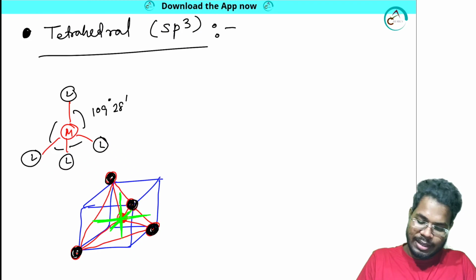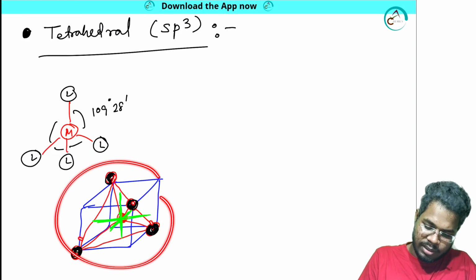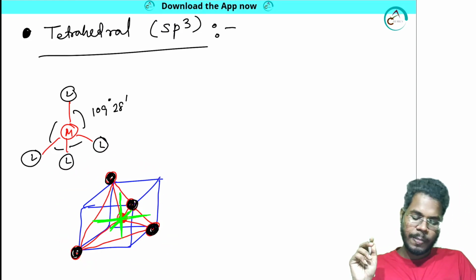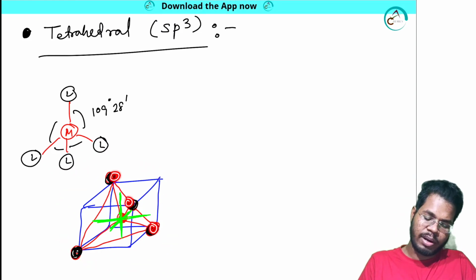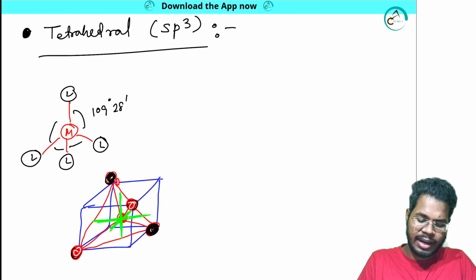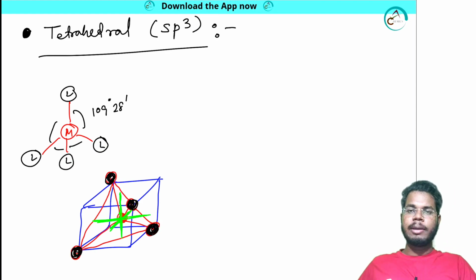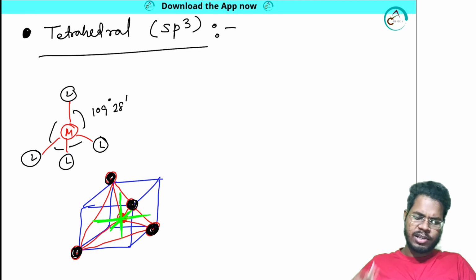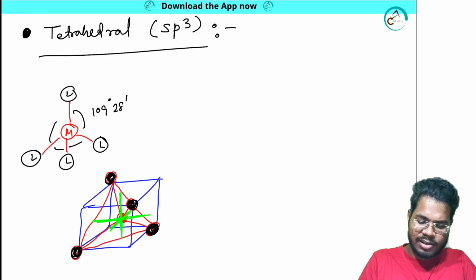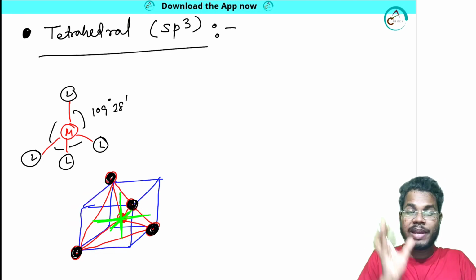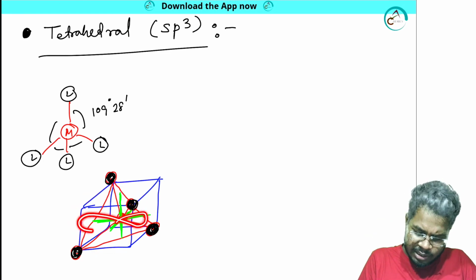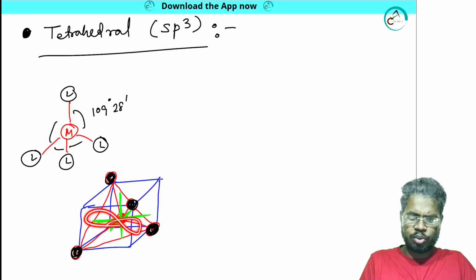So there is no d orbital interacting directly with the corresponding ligands in a tetrahedral system. In general, if I consider only the s orbital, that can touch because it is spherical. The p orbital can come closer to these ligands.